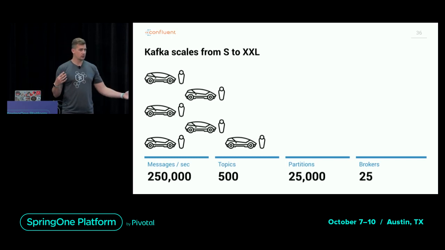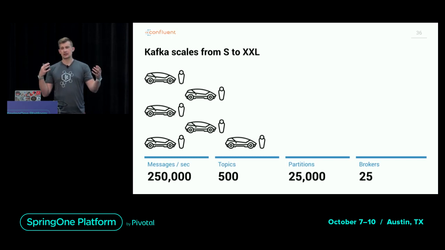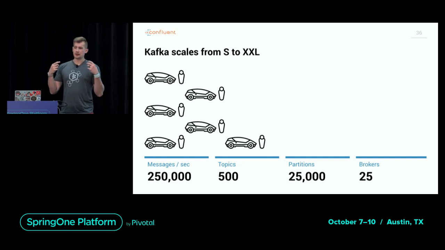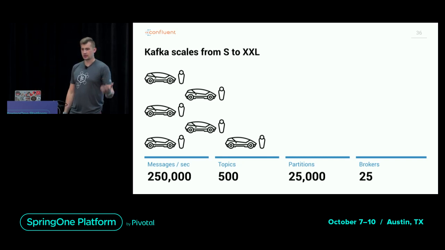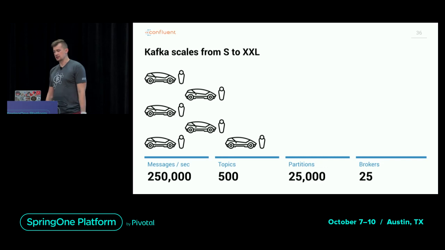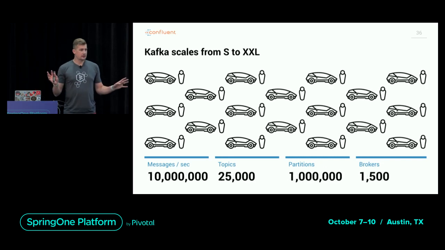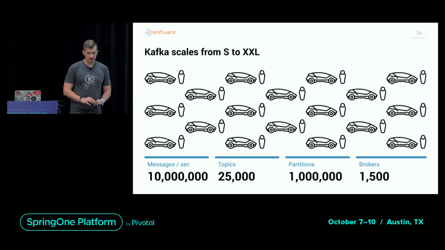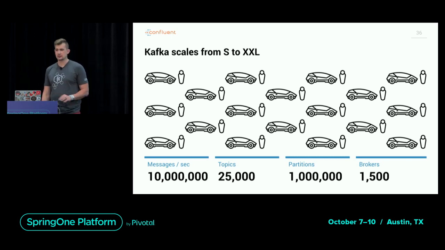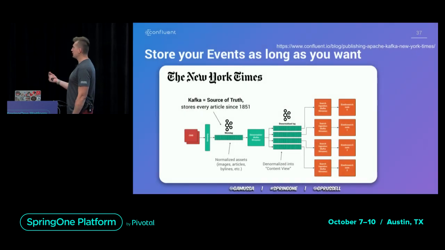We are supporting Kafka that runs in the cloud, and we're running hundreds of production clusters in different regions of the world. So a lot of massive scale. Amazing things for people who love tinkering with distributed systems. But there are some use cases where Kafka is actually used as a database.